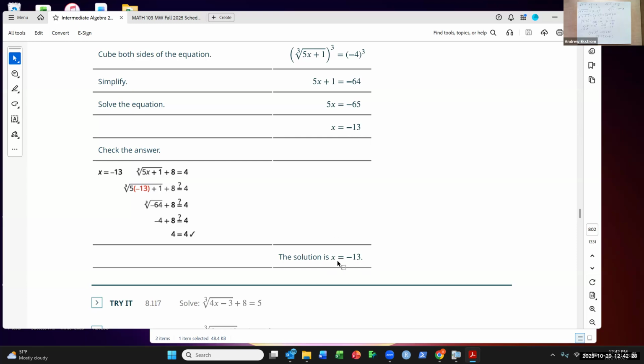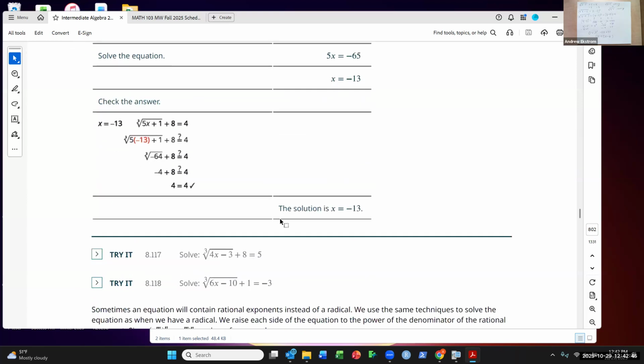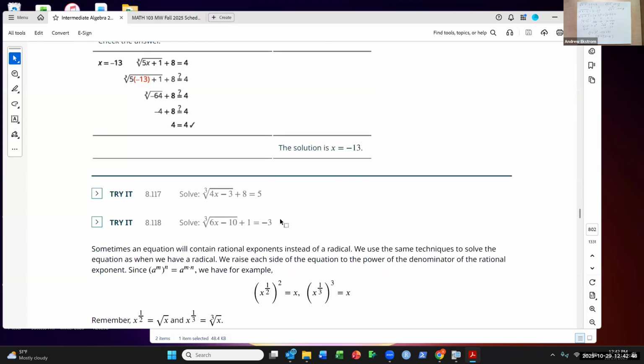In this case, it's telling us the solution is x equals negative 13. Something to keep in mind when we have some of these cubed roots, there is a possibility that you will have up to 3 different values there. It's just that some might be real values, some of them might be complex values.